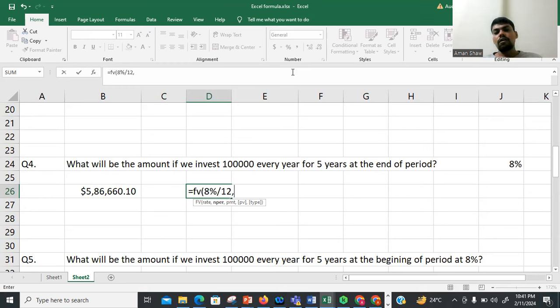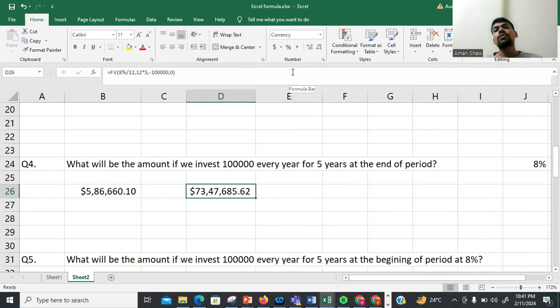Number of periods will be 12 into 5 years. So total 61 lakh rupees you will pay. Every month you will be paying 1 lakh rupees. I'm not paying anything as a lump sum. So yeah, it will turn out to be 73 lakhs.